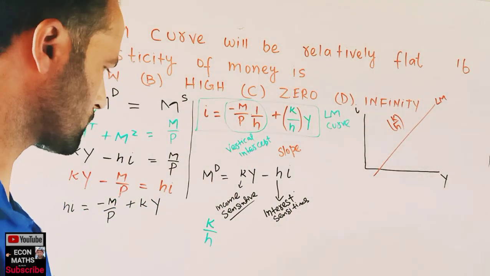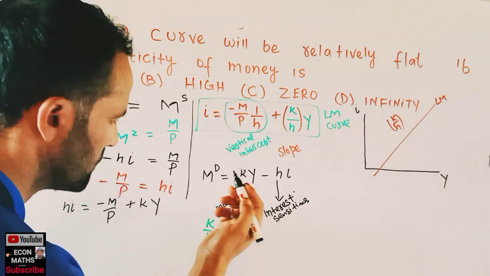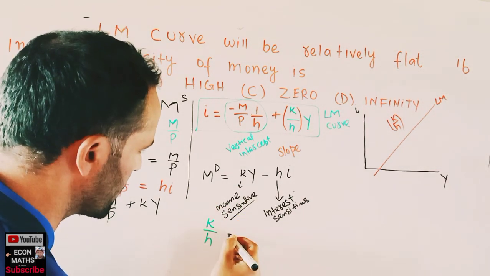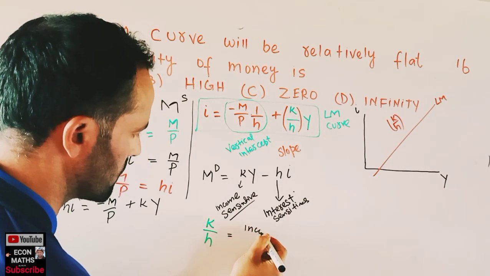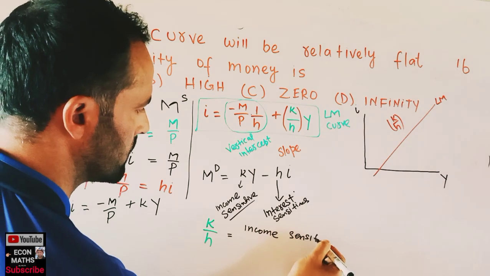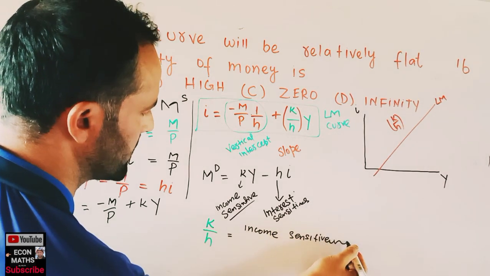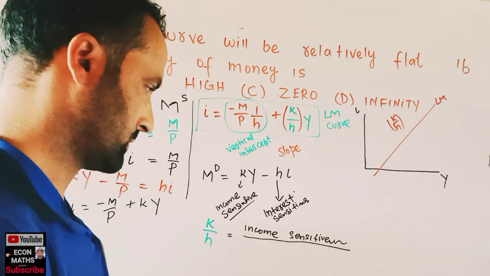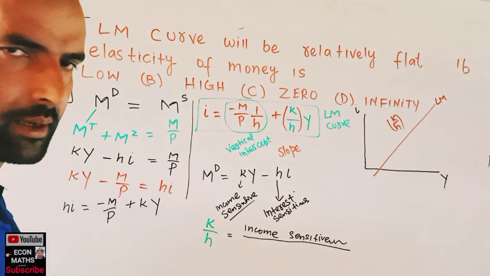See here, this k denotes the income sensitiveness for demand for money. I am not writing all the stuff here because of the time constraint.